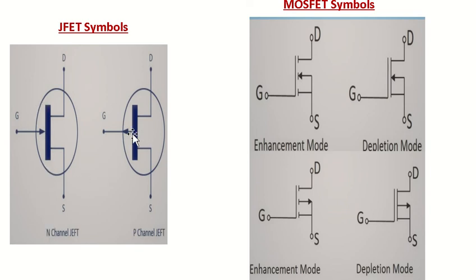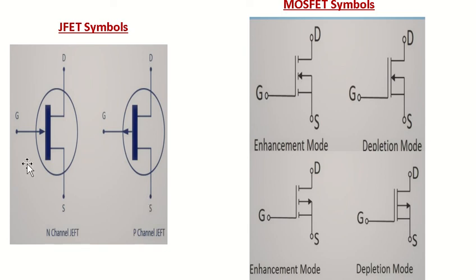And if the arrow mark is going out of the gate terminal, the dark colored one you are seeing, then we can say it is a P channel. Just to make out a difference, I am telling this.